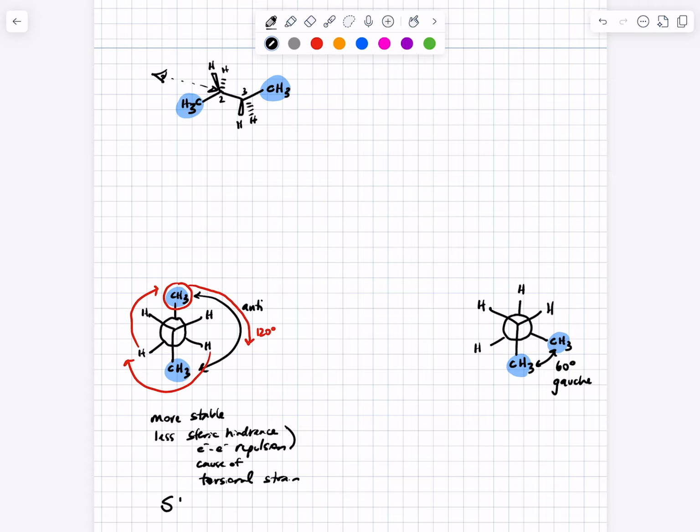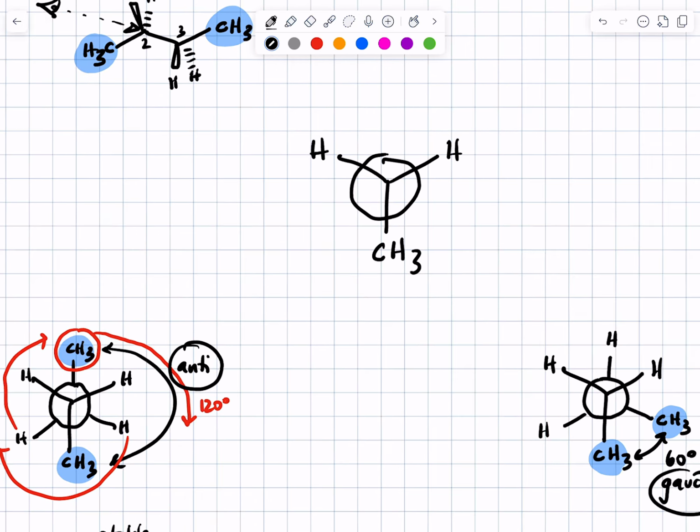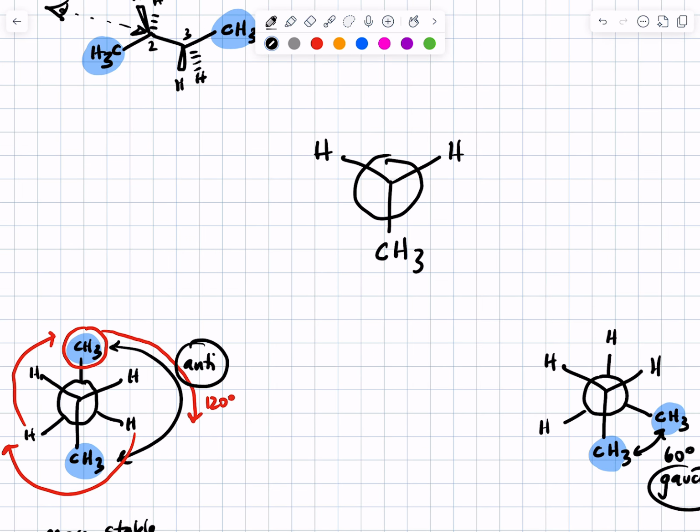We'll call this staggered conformation 1, and we'll call this staggered conformation 2. Staggered 1 is anti, staggered 2 is gauche. Draw for me the eclipsed conformation that occurs in the transition between these two. Where would the methyl group be? On the carbon in the back, where would the methyl group be?